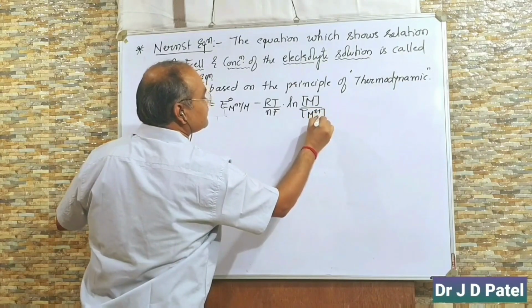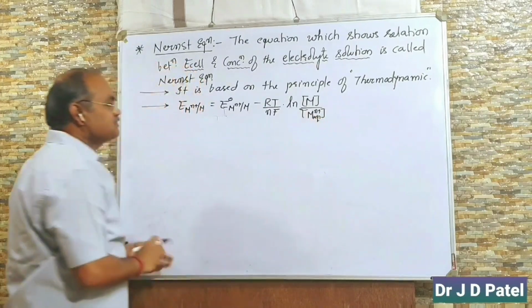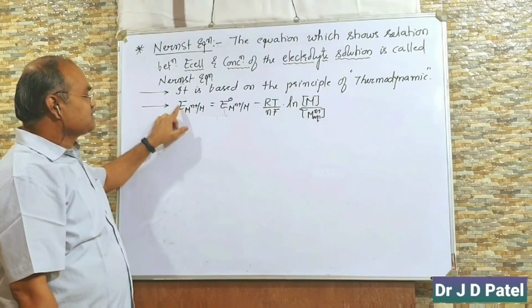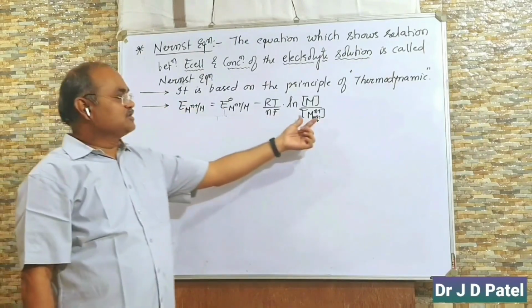This is your Nernst equation. Cell potential which is not in its standard state and concentration of the solution. That is your Nernst equation.